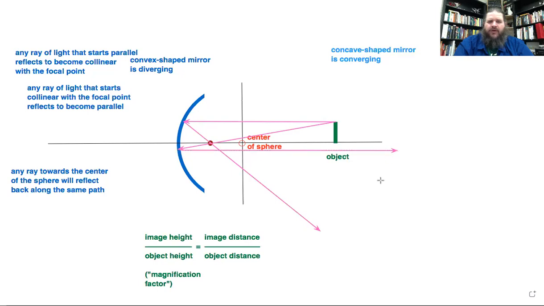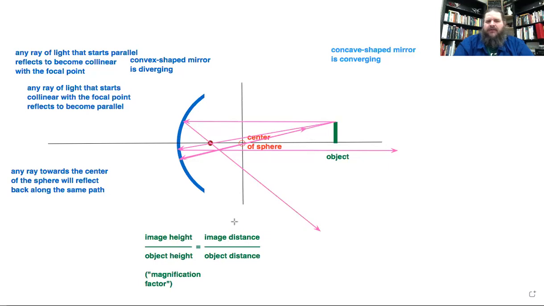And then we could also draw a third principal ray that starts off from the object collinear with the center of the sphere. And what's going to happen with that one? It's going to come straight back the way it came. So those are the three principal rays.